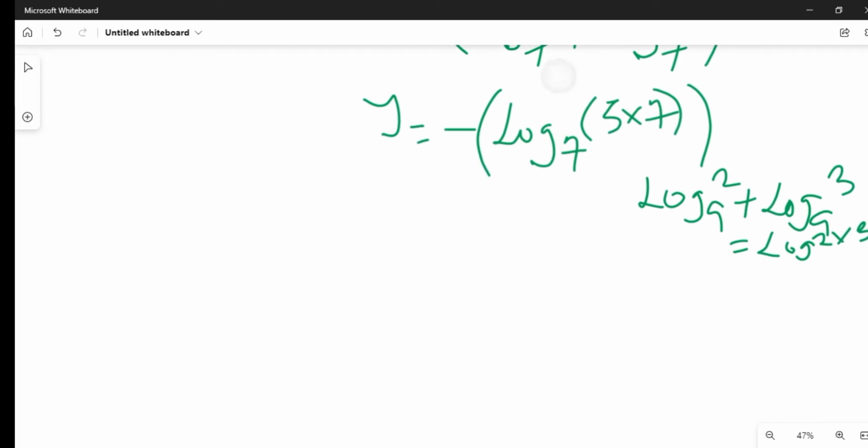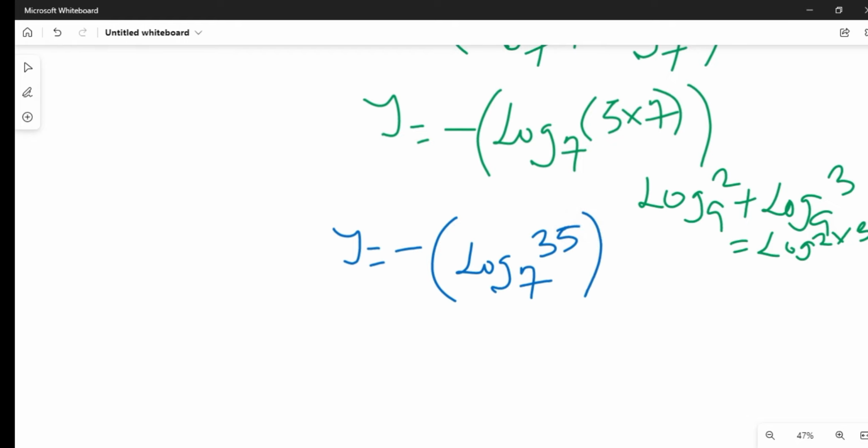So if we apply that, we have y equal to minus the bracket log of 35 base 7. So our y is now equal to minus log of 35 base 7.